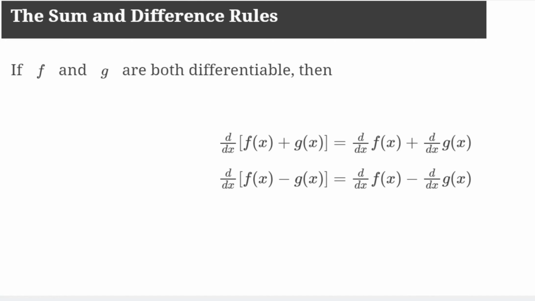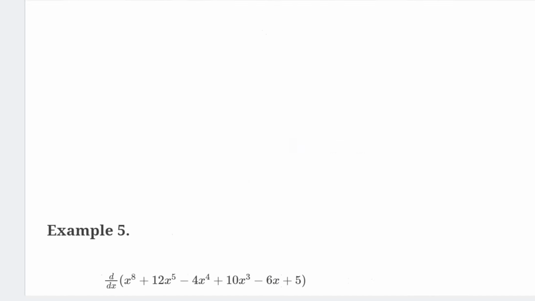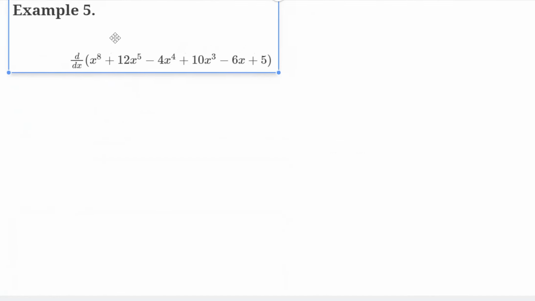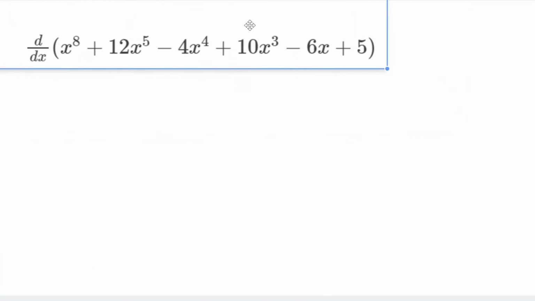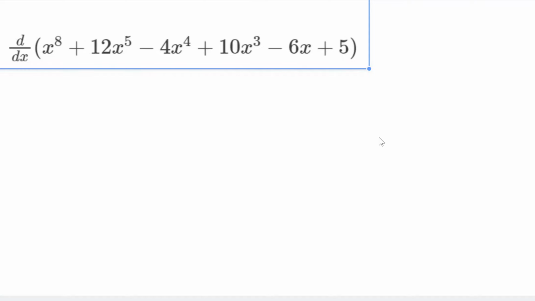All right, let's see how this one actually works and makes our life a lot easier. So here's our example. I'm going to write it in a way I never expect you to actually write it out, but I'm going to write it so you can see it.